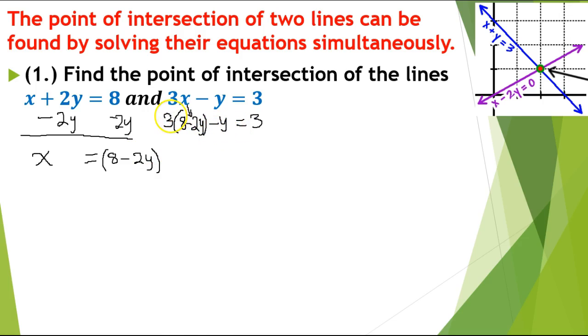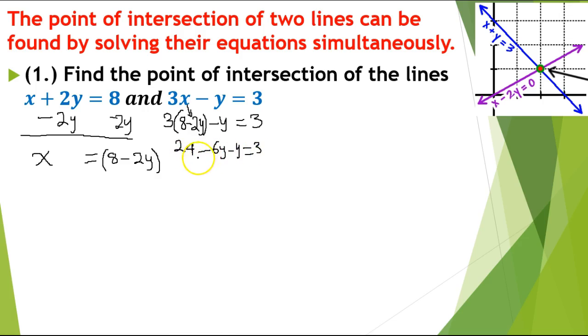So now we distribute 3 times 8. 3 times 8 is 24. And then 3 times negative 2y, watch the sign there, will be negative 6y. And then we still have this minus y, and we keep the right side.